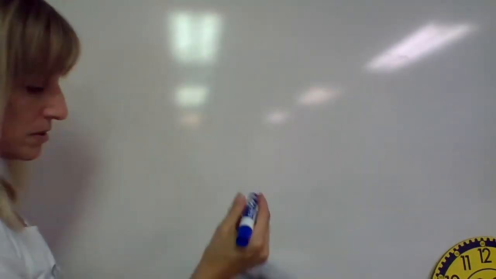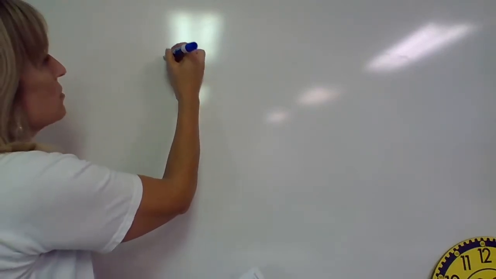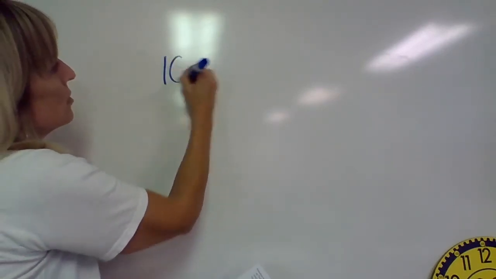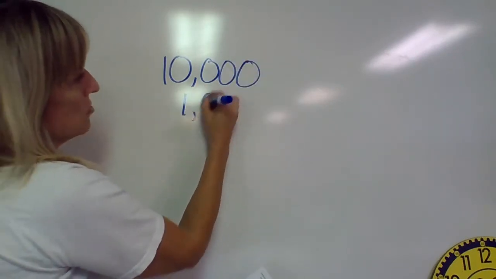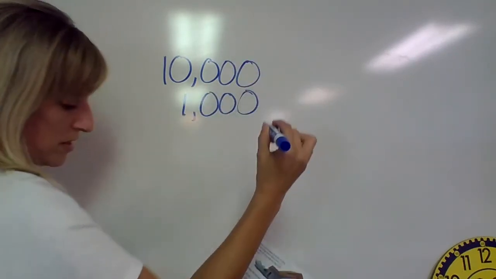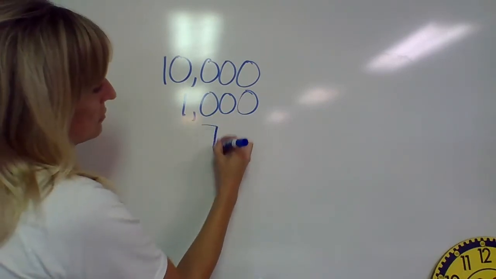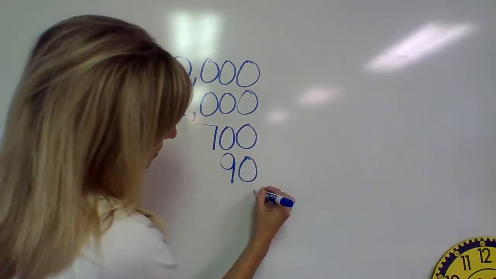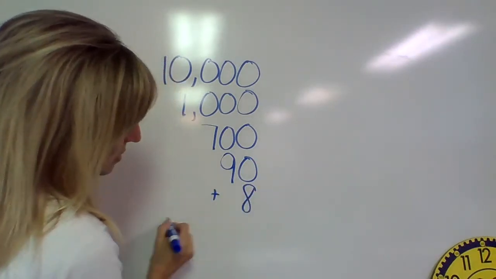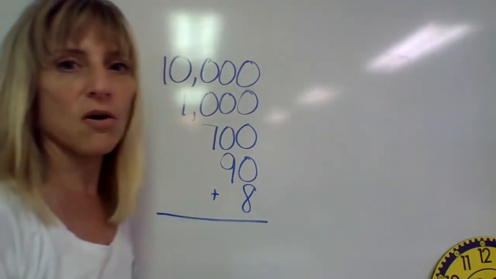All right, let's see. Gotta make sure I start where you can see everything. Okay, there's 10,000. There's 1,000. There's 798. Okay, and we're adding up all that.